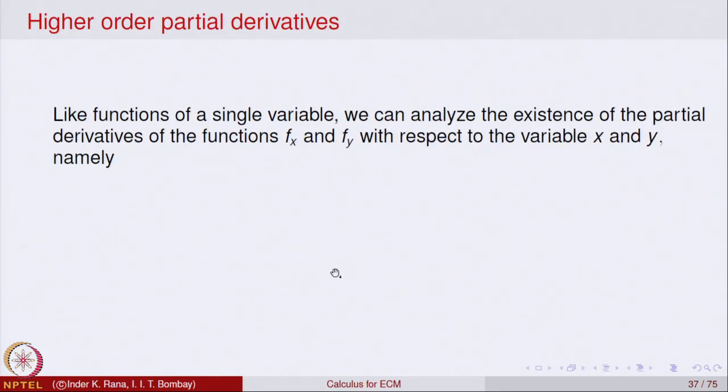Let us go to a slightly next concept. In functions of one variable, we said that if the derivative of a function exists at every point in the domain, then we can ask whether the function is differentiable again, and if so, we get the second derivative, and similarly the third order derivative and so on.